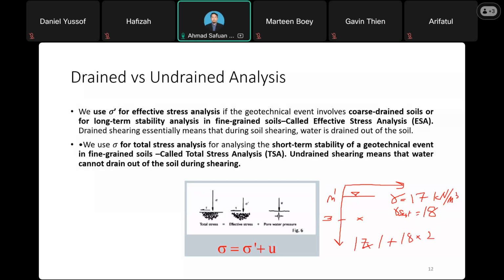To get the effective vertical stress, for this 17 times 1 plus 18, we need to exclude the unit weight of water because it contributes to the pore water pressure. Usually for the unit weight of water we use 9.81, or it is easy to use 10. So 18 minus 10 is 8, then multiply by 2. So that is the effective vertical stress.